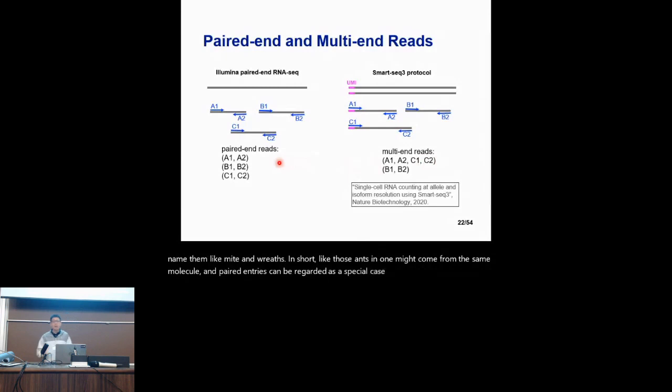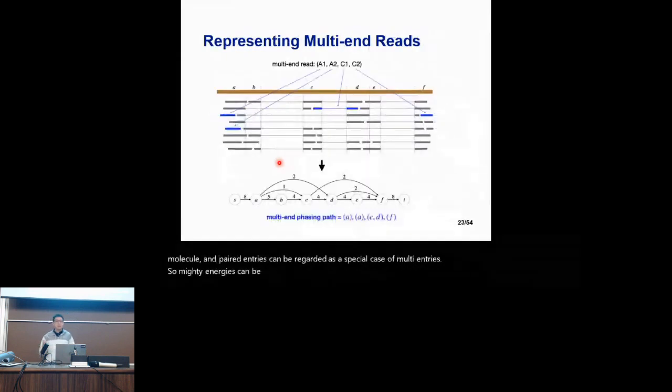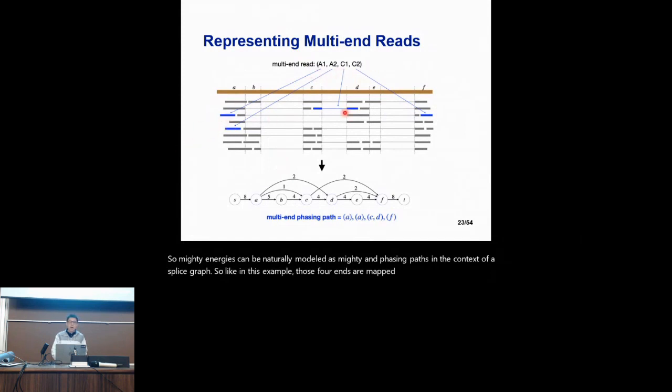So multi-end reads can be naturally modeled as multi-end phasing paths in the context of a splice graph. Like in this example, those four ends are mapped to nodes A, C, D, and F respectively. Then very naturally, this multi-end read can be represented as a multi-end phasing path.